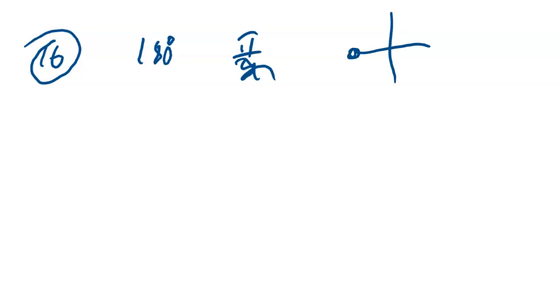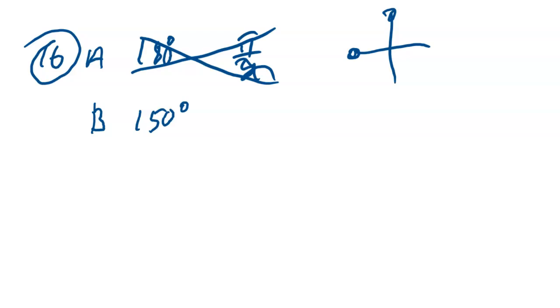If both angles are in standard position, which of the following pairs are coterminal? Choose all. Okay, so A is 180 degrees and pi over 2. Now, pi over 2 is equivalent to 180 degrees is over here. Pi over 2 is there. No. That was A. B, I don't want to go through all these. 150 degrees and 5 pi over 6.